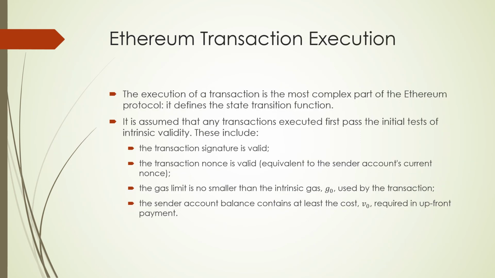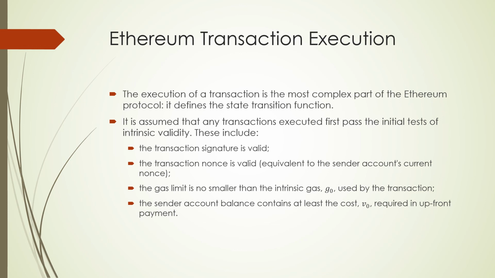Finally, we take a look at the Ethereum transaction execution, which is the most complex part of Ethereum's protocol. It defines the state transition function, assuming that Ethereum is modeled like a state machine.